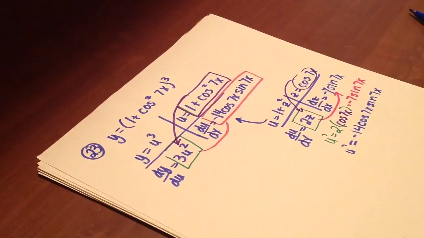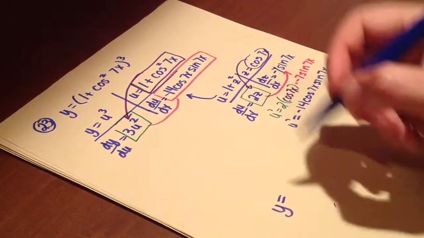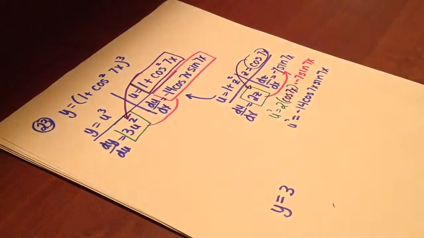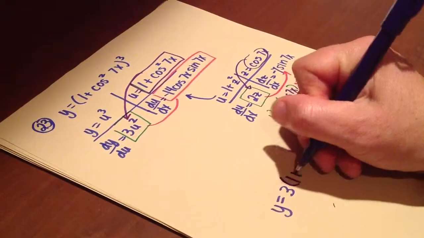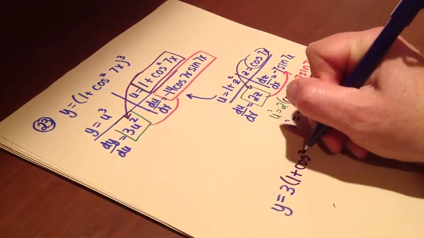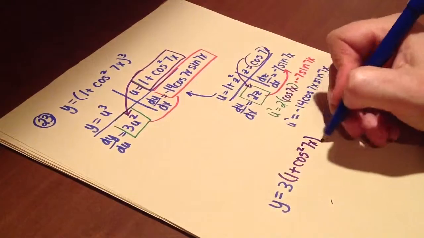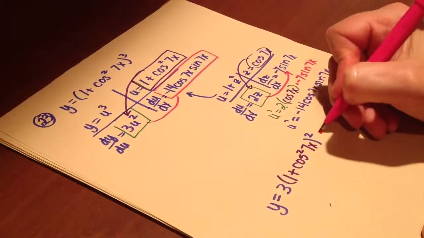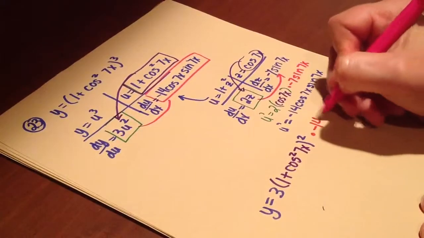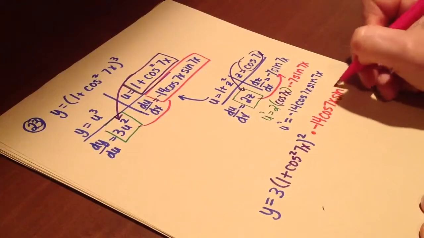Okay, so the result to this is going to be y prime equals 3. If I plug in for u, I'm going to get 1 plus cosine squared of 7x, and according to this up here, it was squared, times this value, which is negative 14 cosine 7x sine of 7x.